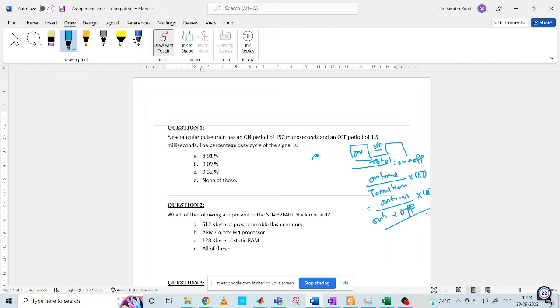This is called a duty cycle. So a wave with higher duty cycle means there is larger on time than off time. With that, can you tell me what is the first answer?